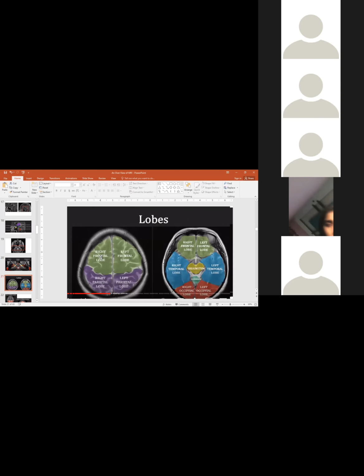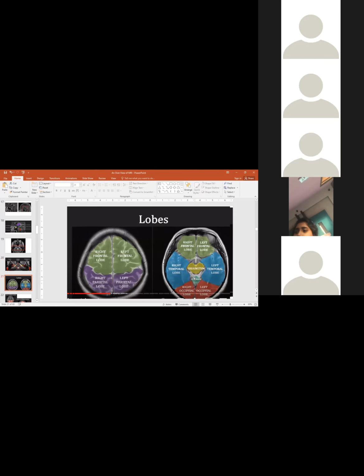Now, the lobes of the brain, we can appreciate them. The right frontal lobe, the left frontal lobe. This is the boundary of the right parietal lobe, the left parietal lobe. And going inferior, we can see the brain stem. And behind the brain stem, this is the cerebellum.